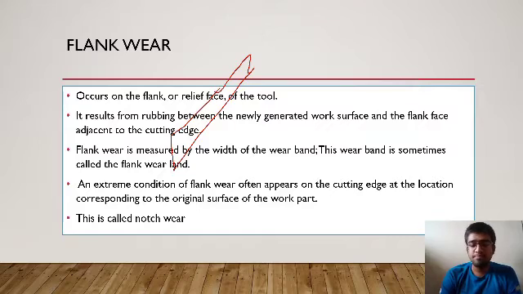But at low speeds, vibrations and the cutting force are predominant, which affect the flank, because the cutting edge is near the flank. So at low speeds and when cutting hard materials, the wear will be on the flank. It results from rubbing between the newly generated workpiece surface and the flank adjacent to the cutting edge.